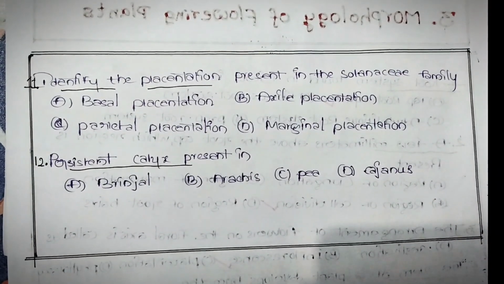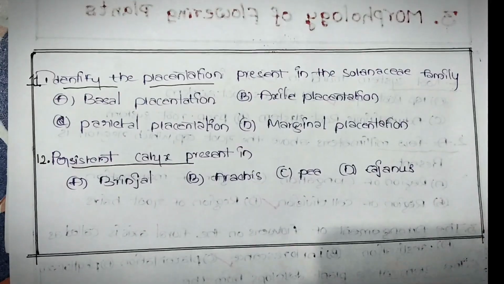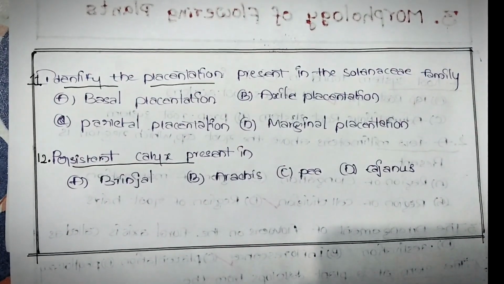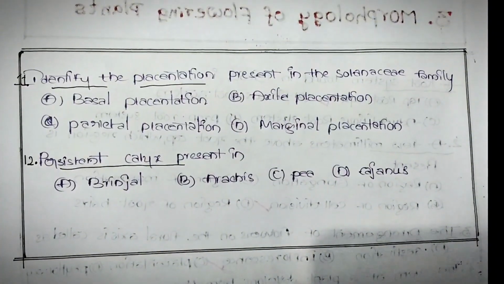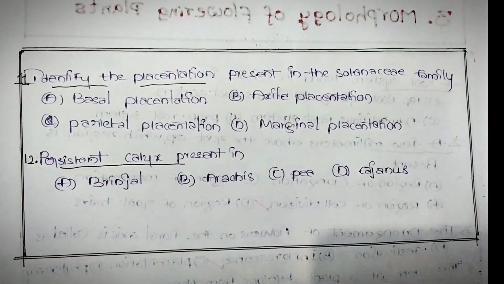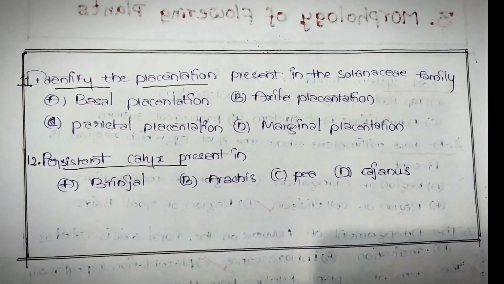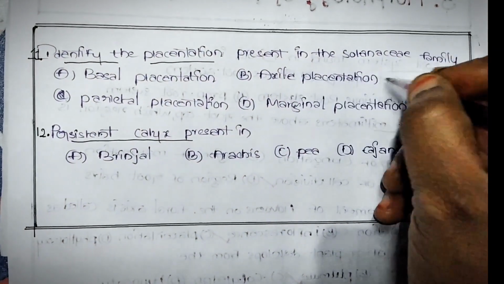Identify the placentation present in the Solanaceae family. Options are basal placentation, axial placentation, parietal placentation, marginal placentation. For this, the correct answer is axial placentation.